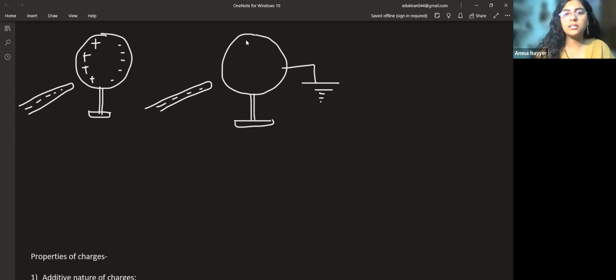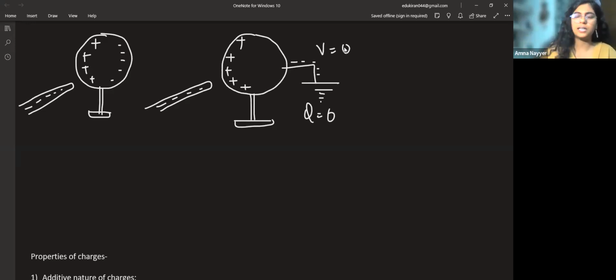So all the negative charges are moving, making it neutralized, right? So no charge is left here. That is, Q here will become 0 because the potential is also 0. Potential means steady.